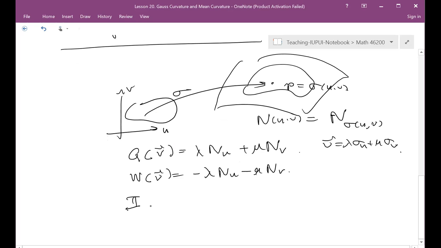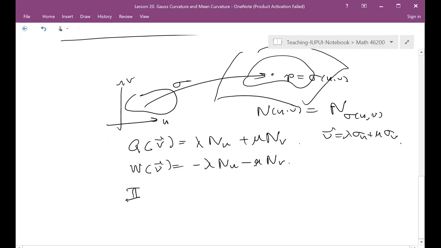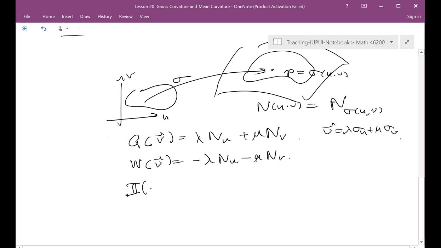It depends, right? If it's v, and uv, then you can use the two variables. So I just use a v. Okay, so that's going to be lambda squared L, 2 m lambda mu, and n mu squared.